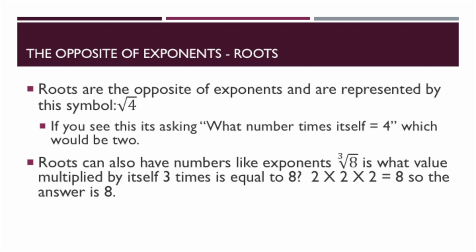Sometimes you'll see that same symbol, but there'll be a number in the corner, like a 3, which means what number times itself 3 times. It's called the cube root in this case because it's 3, so the cube root of 8 is 2 times 2 times 2. So if you see one of those symbols, that means what is the square root or cube root, or you could do the 4th or 5th root of a given value.